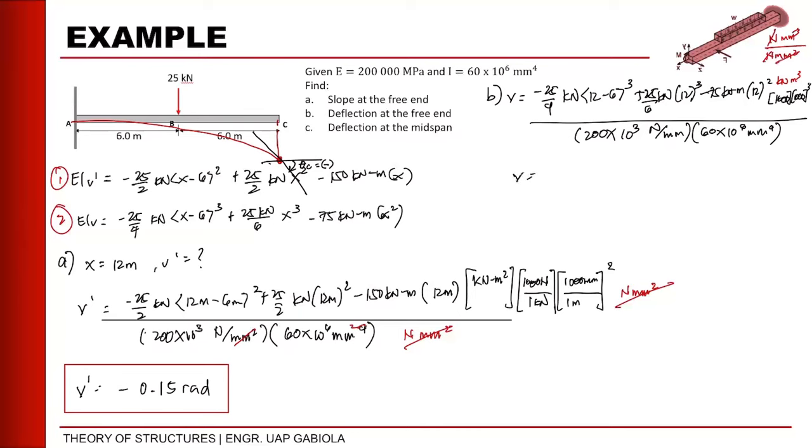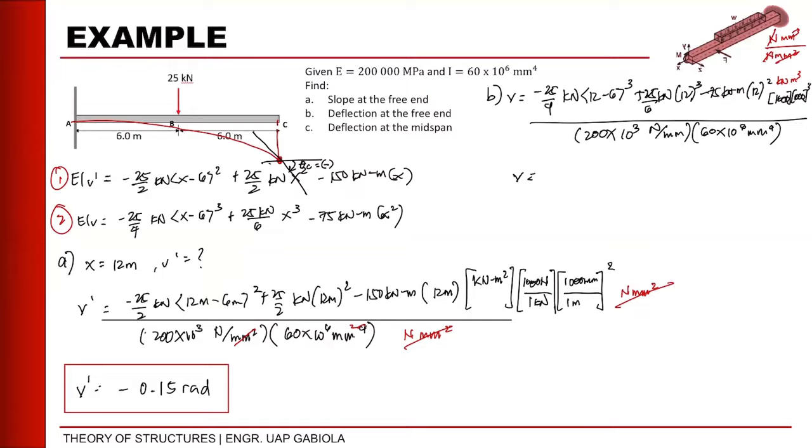So, yung value ng V natin dito is negative 25 over 4 times 12 minus 6 cube plus 25 over 6 12 cube plus minus 75 and then 12 squared. Okay. Then ito, times 1,000 times 1,000 raised to 3. Okay. Over 200 times 10 to the 3 times 60 times 10 to the 6.